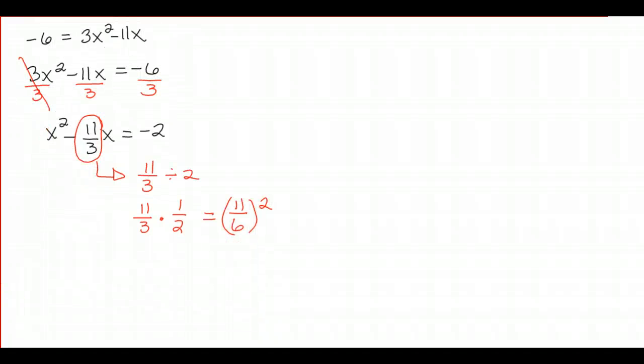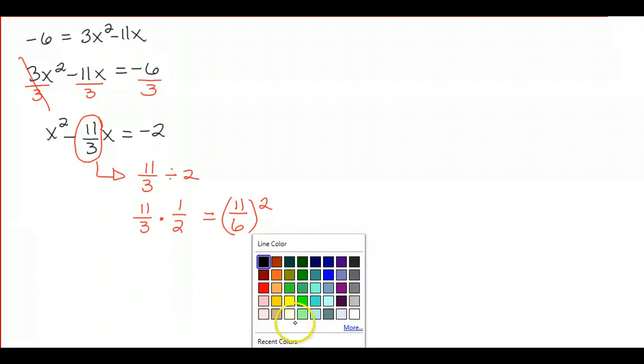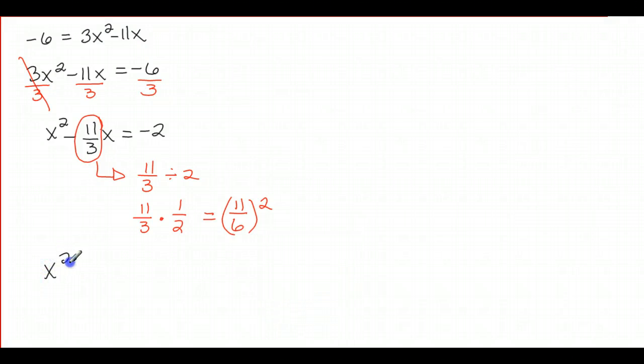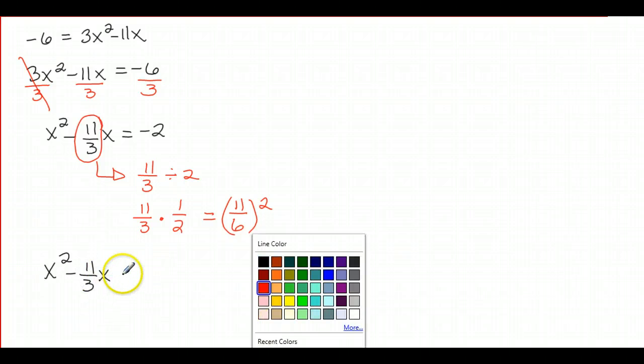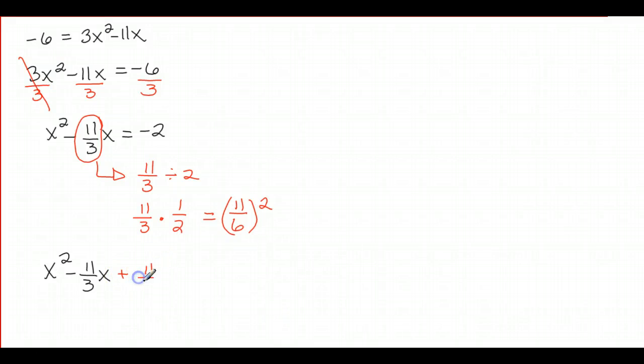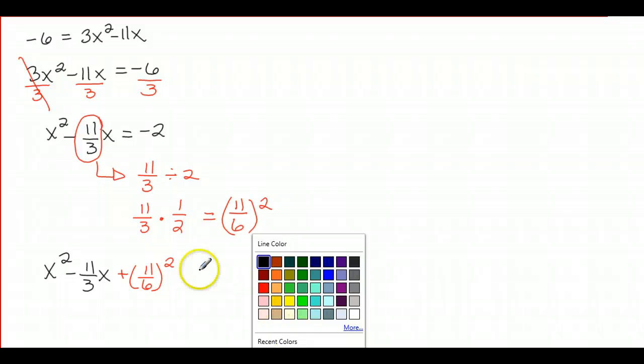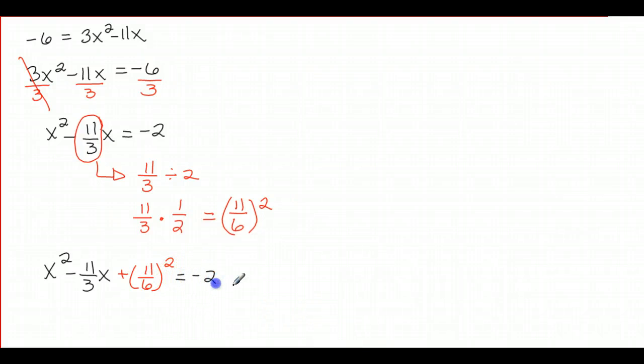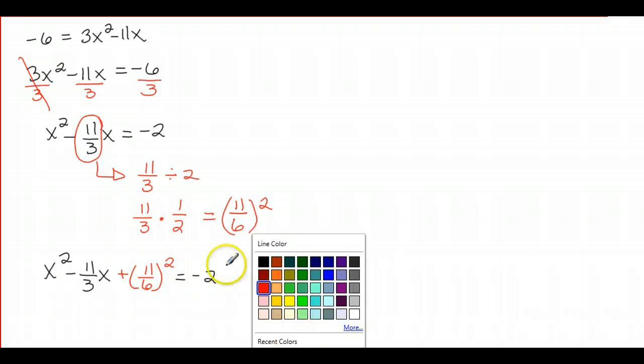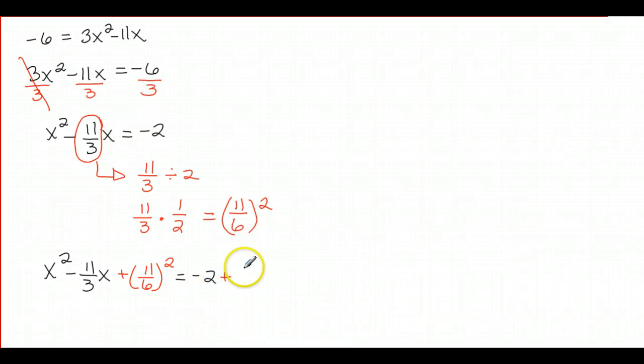So now I'm going to go ahead and write that out. I now have x squared minus 11 over 3x, and now I'm going to add on my 11 over 6 squared equals negative 2, and also add on to this side of the equation my 11 over 6 squared.